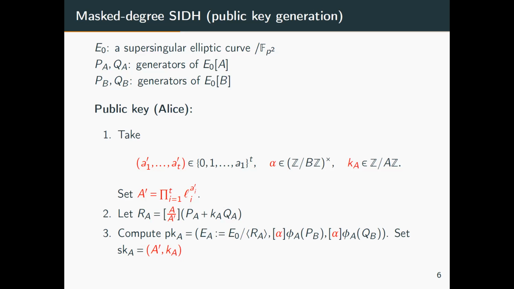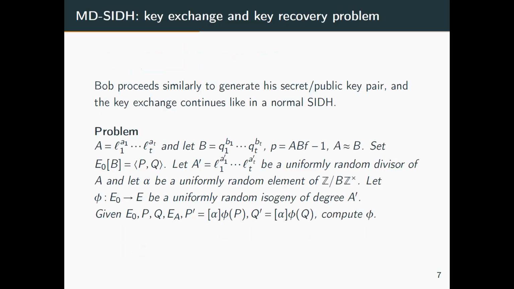This is the hidden degree of the SIDH isogeny. She computes this public key, and then the points become randomized. This is the public key, and this is the secret key. This is the construction of the Masked-degree SIDH. Bob also does it in a similar way, and finally they do the key exchange in the same way as normal SIDH.